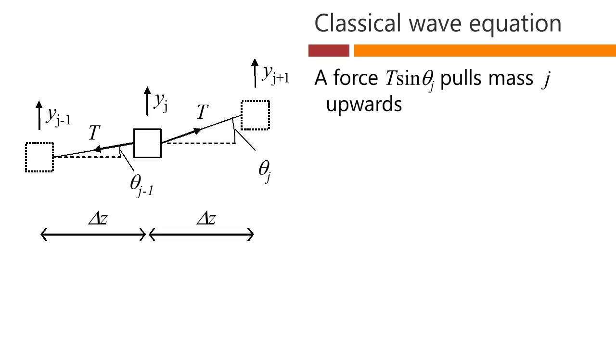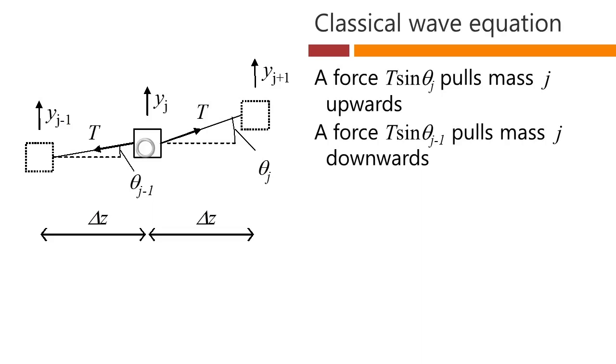Now, there's a net force here from this tension that is pulling the mass up from here, and that is T sin theta_j. That's the component of this force that is in the vertical direction pulling upwards on that mass.